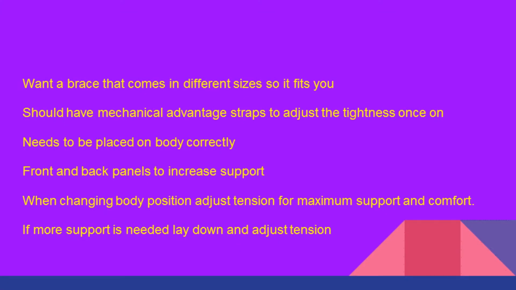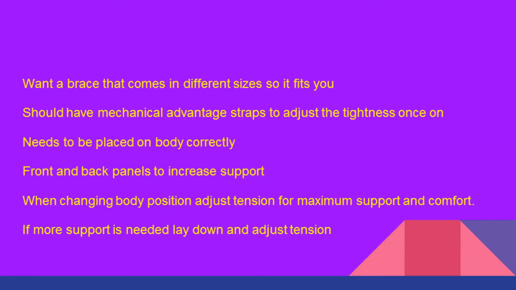So how do you choose a brace? I've brought out two today. You want to find a brace that comes in multiple sizes. The brace should also have mechanical advantage straps so you can make it tighter and give yourself some more stabilization. You need to place it properly on your body, and we're going to talk about where it should go. And then front and back panels for added support.